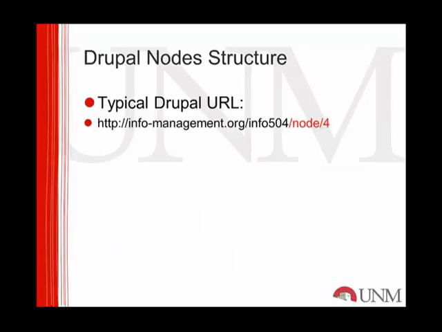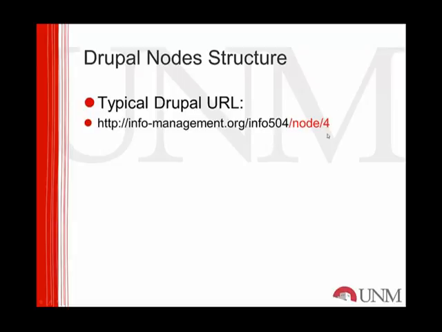Addressing a record in Drupal is very easy. You see this is the URL to our class website, and the URL for the website itself is here in black, infomanagement.org/info504.